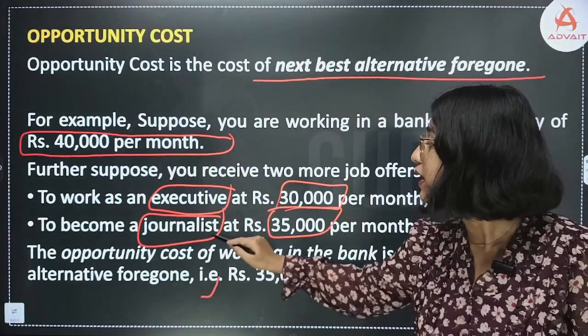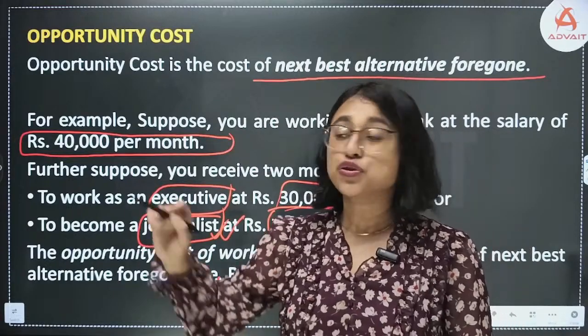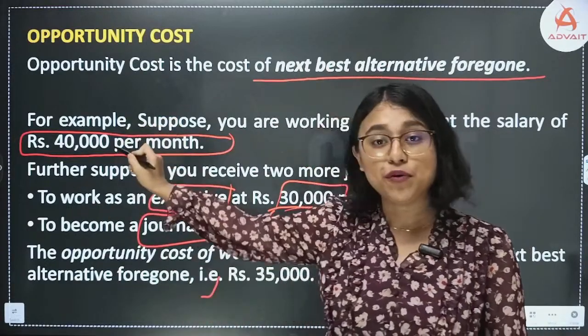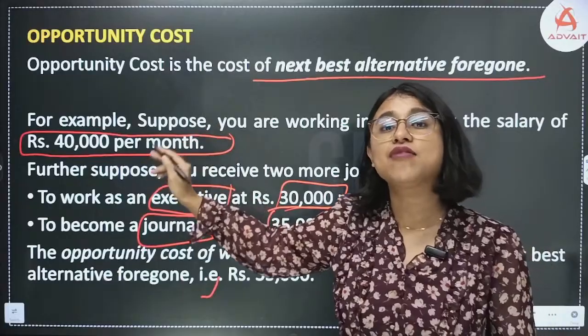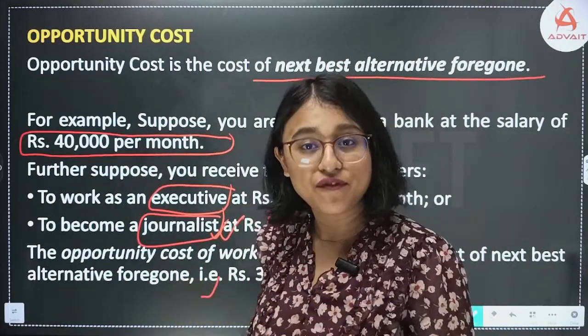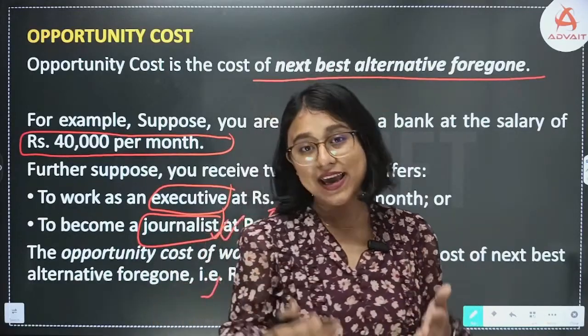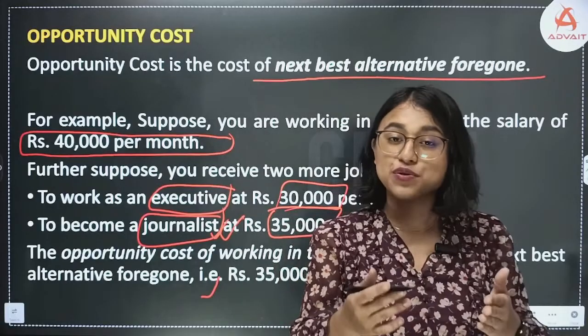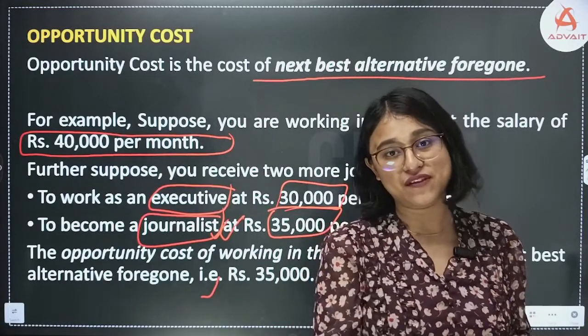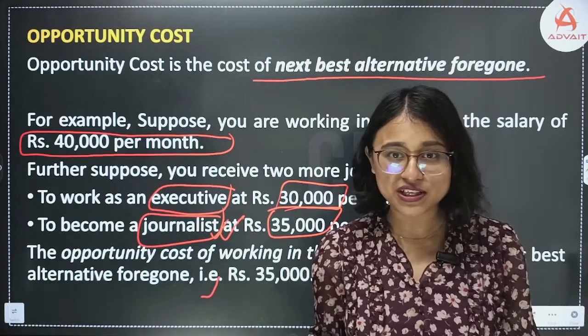To work as a journalist at rupees 35,000. So to work as a bank employee at rupees 40,000 per month, my next best alternative foregone, or opportunity cost, is to work as a journalist at rupees 35,000 per month. I hope the concept of opportunity cost is clear with you.